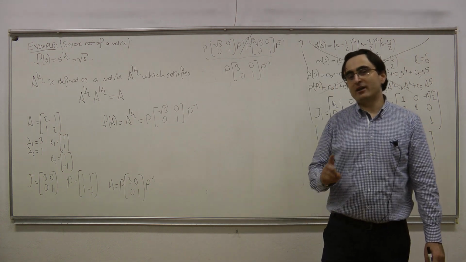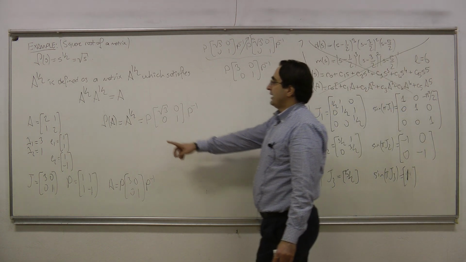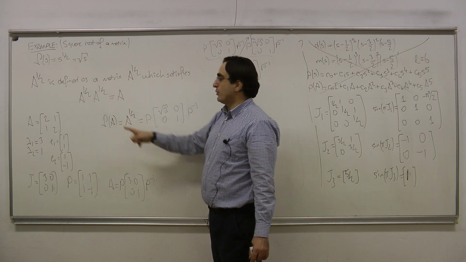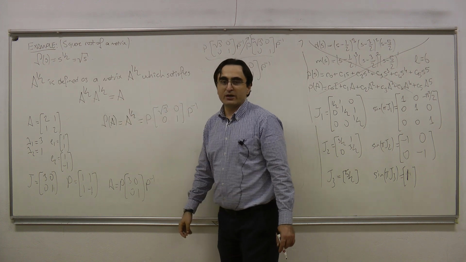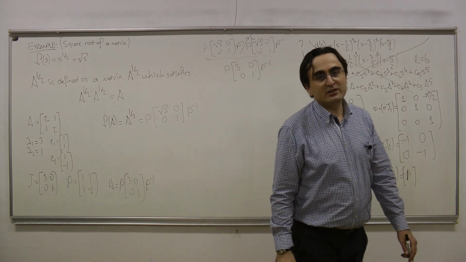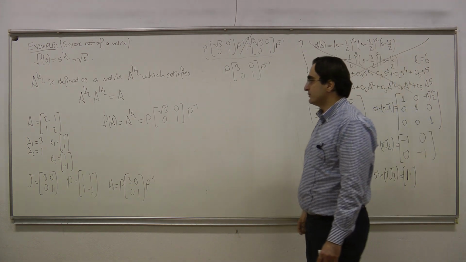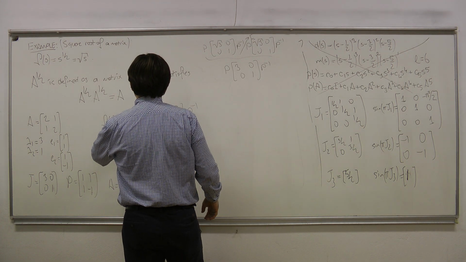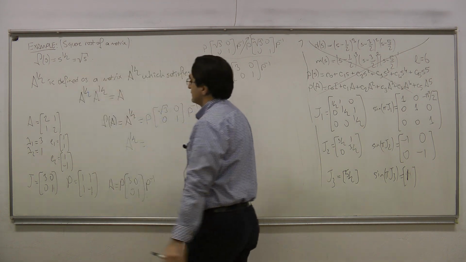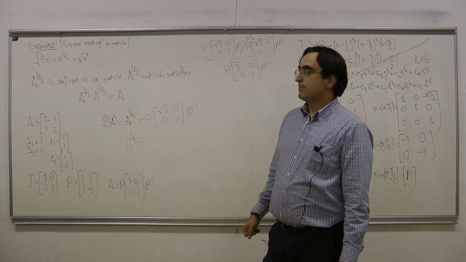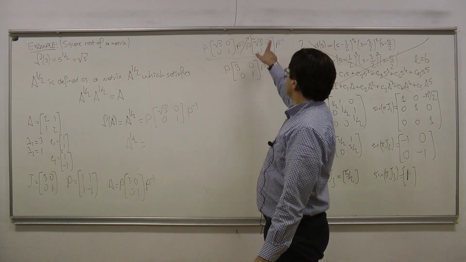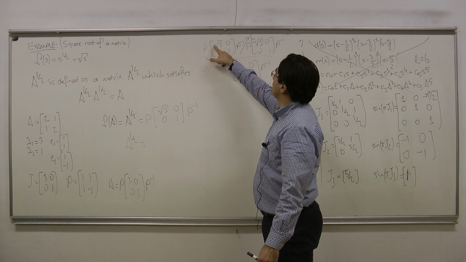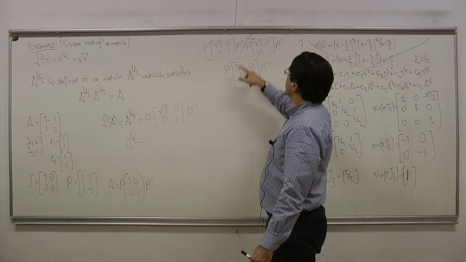Can you find me another matrix, A to the 1/2, which would satisfy the same equation, but which is different than this matrix? Can you find me just another matrix, A to the 1/2, which would satisfy this second definition? Think about it. What happens if I make this square root 3 into minus square root 3?